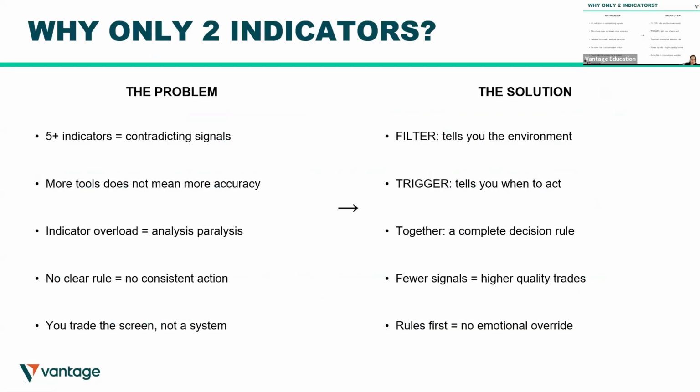Why only two indicators? Can you share with me how many indicators you are using when you are trading? Why do you pick two to three, or even one to two, and not more than three?